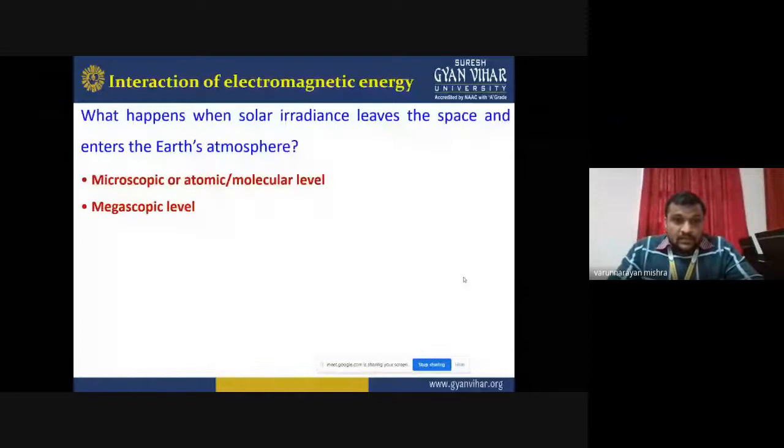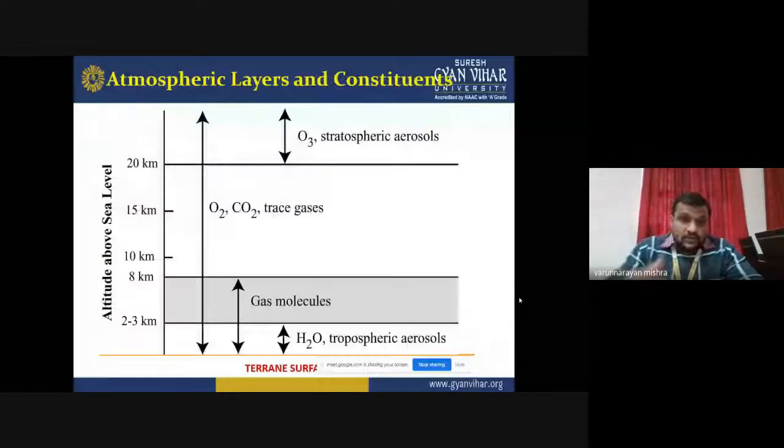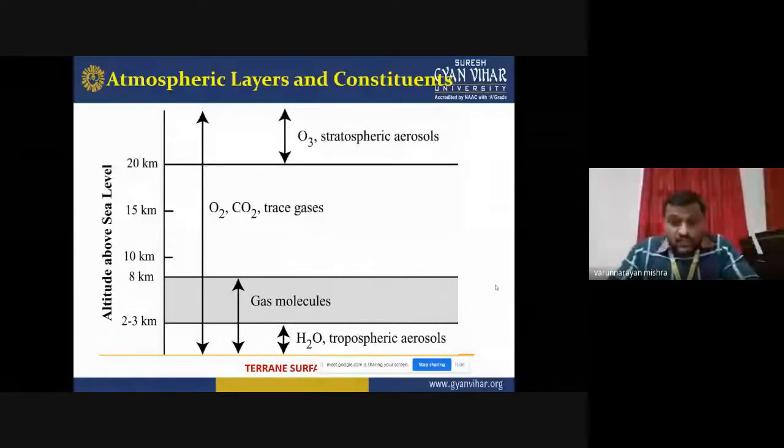Okay. So the interaction of electromagnetic energy may be at two different levels, that is the microscopic level and the megascopic level. It is already discussed, or you must know, that the different atmospheric gases, oxygen, carbon dioxide, ozone, are responsible for the atmospheric absorption of the radiation.